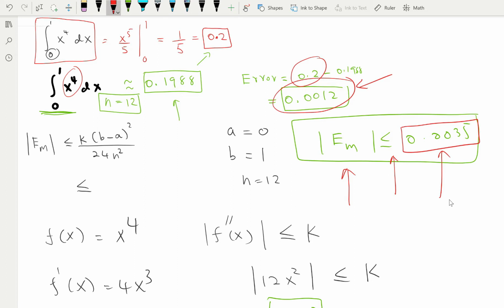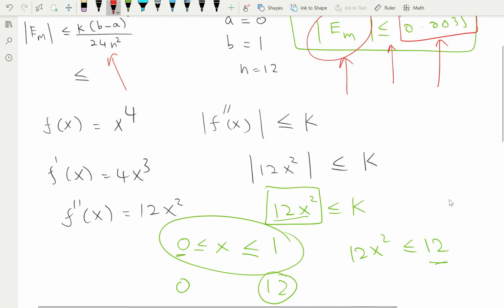But the error bound formula is something you can really use. You know the function that you integrate, you can find the second derivative, so you can calculate the error bound formula value, and that value will give you a prediction of the worst error. Okay, so that's the idea here.